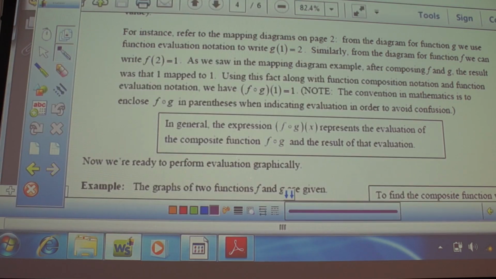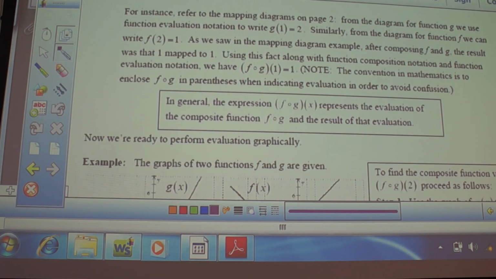For instance, refer to the mapping diagrams on page 2. From the diagram for function g, we use function evaluation notation to write g of 1 equals 2. Similarly, from the diagram for function f, we can write f of 2 equals 1.